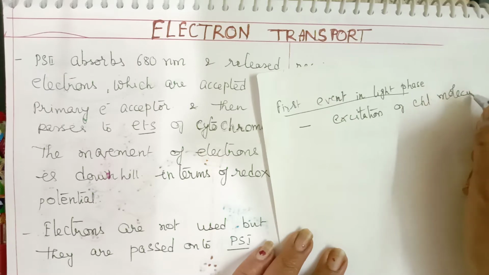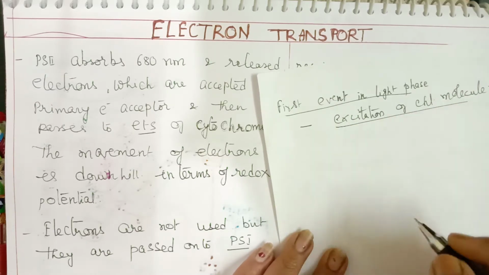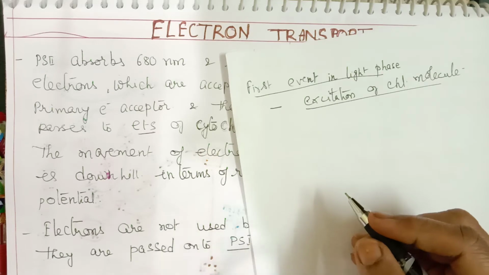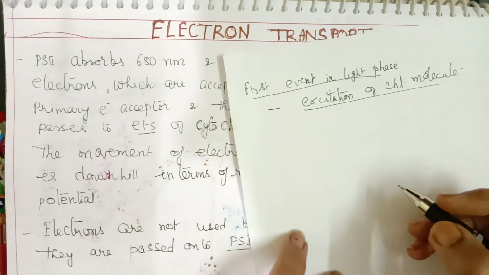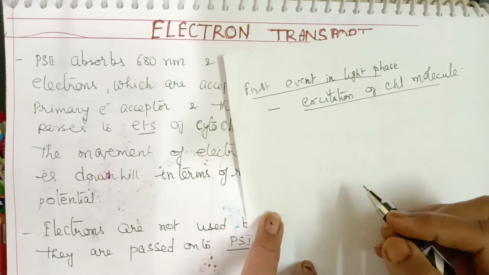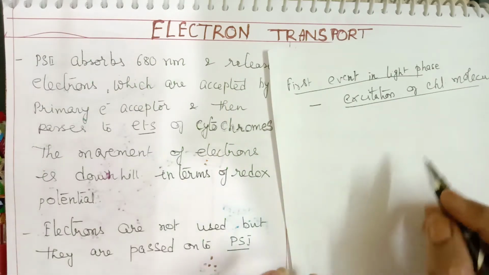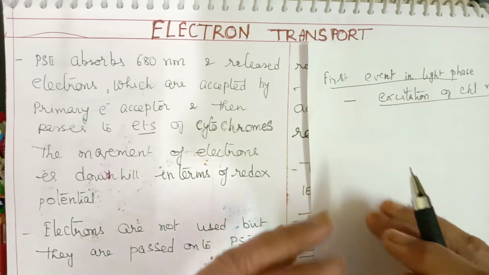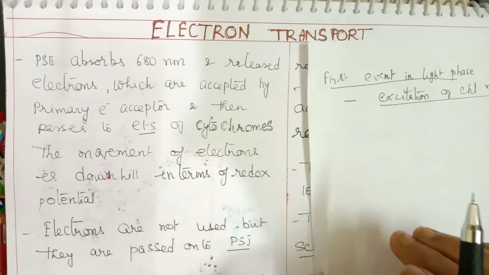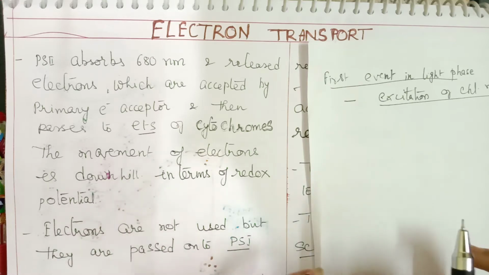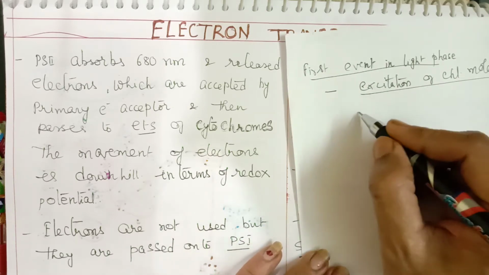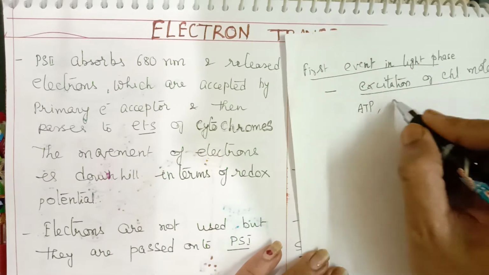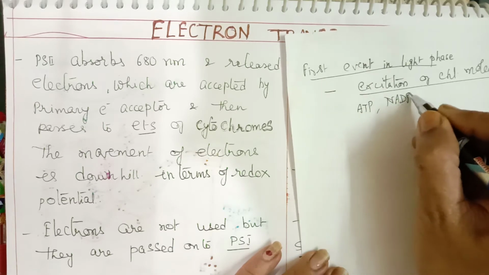The chlorophyll molecule absorbs light, we know it absorbs blue and red light, and then it goes to the excited state. From the excited state, it releases an electron. The electrons are accepted by various electron carriers, and finally they pass through the two photosystems, two chlorophyll molecules, and this electron transport results in formation of the products of light phase, that is ATP and NADPH2.